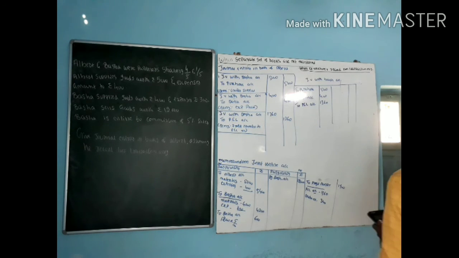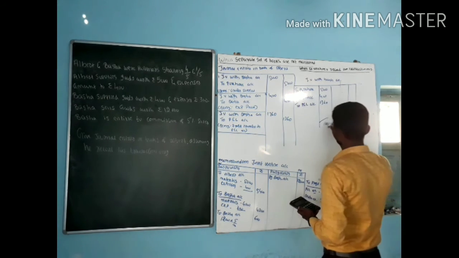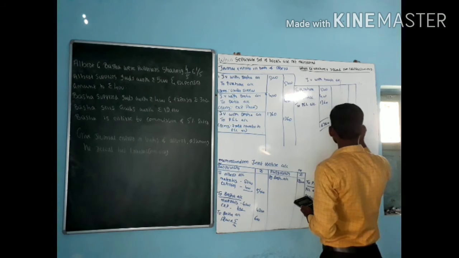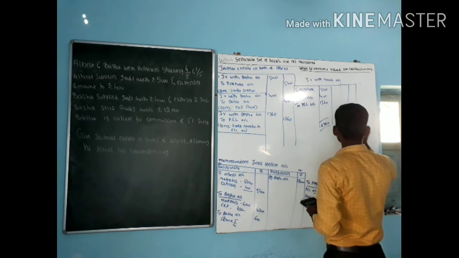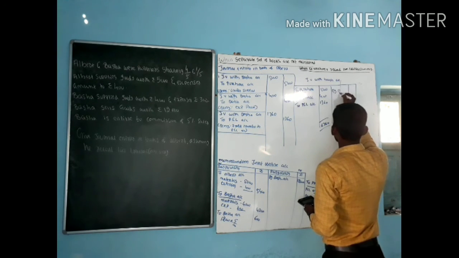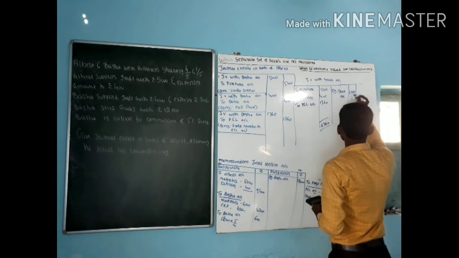Then no more transactions. That is 5,000 plus 400 is 5,400, plus 1,360 is 6,760. We should take it as by bank account, that is 6,760.